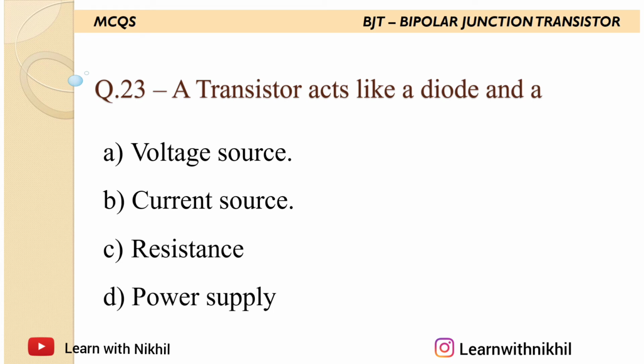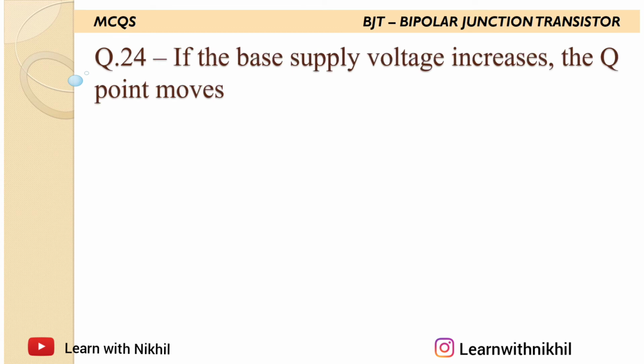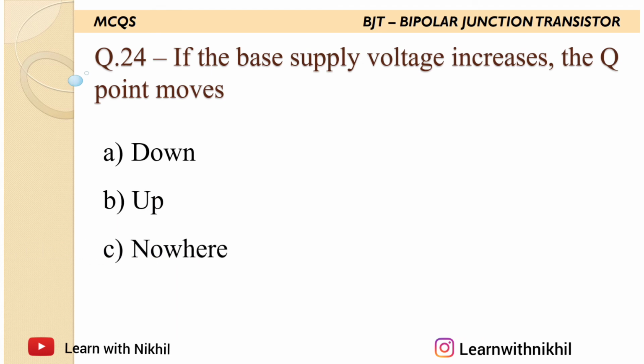And the answer is current source. Next question. If the base supply voltage increases, the Q point moves A, down; B, up; C, nowhere; or D, off the load line? And the answer is up.